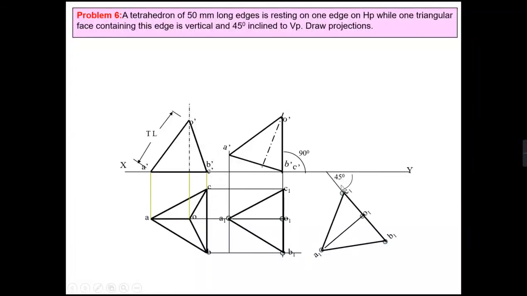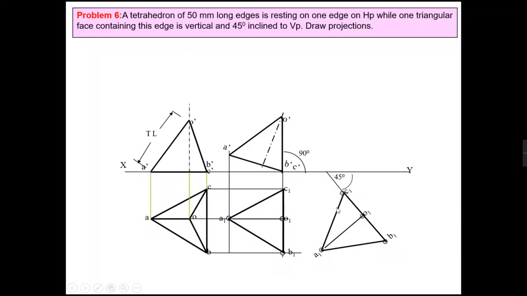So after getting the final top view, I will draw the vertical lines from the top view and horizontal lines from the front view. So you can see in the top view, if I look at this diagram from the front side, I will be able to see the slant edge AB, and of course the faces that are passing through this edge, that is OAB, right, will be visible from the front side.